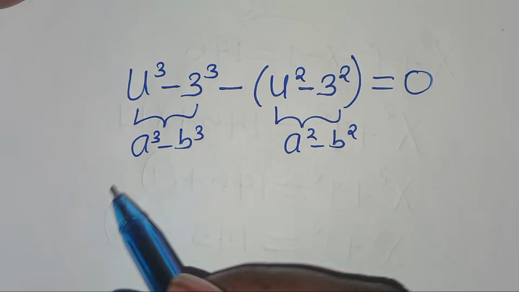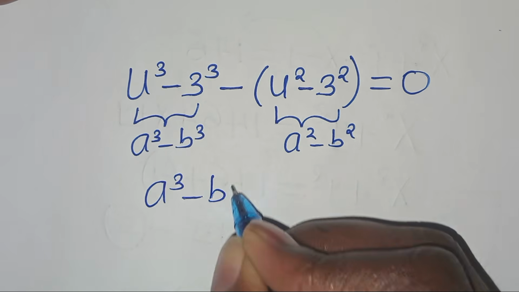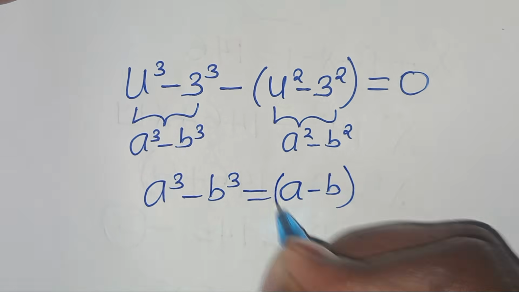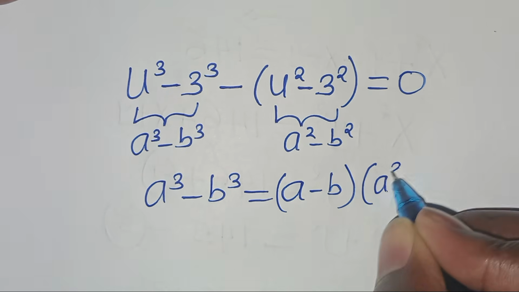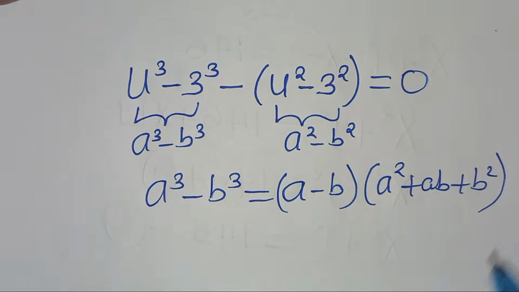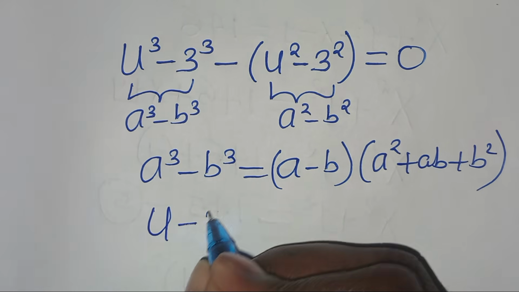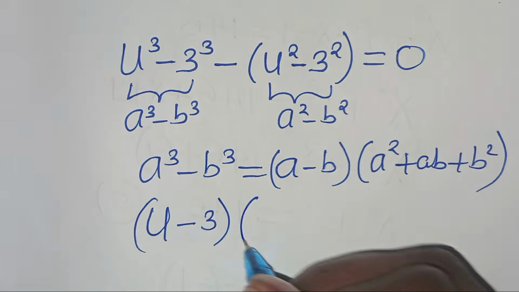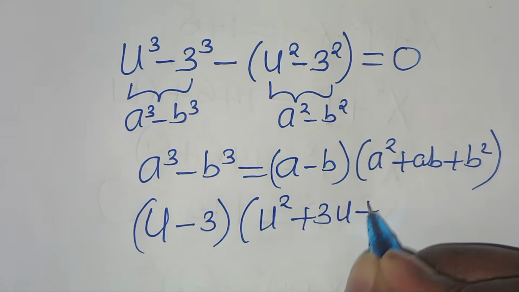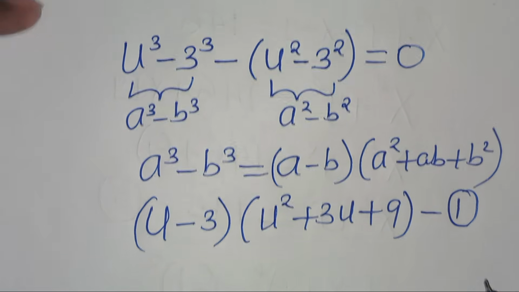Now this is the difference of two cubes expressed as a to the power of 3 minus b to the power of 3, which is equal to a minus b, a to the power of 2 plus a times b, then plus b to the power of 2. Let's apply this identity so that we have u minus 3, then we have u to the power of 2 plus 3u, then plus 3 squared, which is equal to 9. Let's call this the first case.